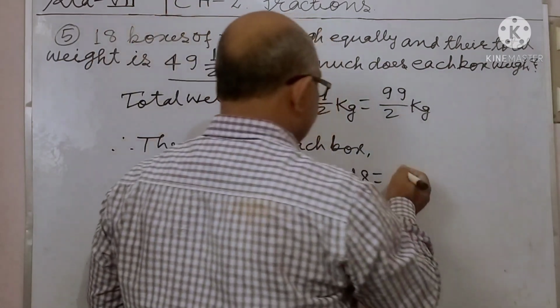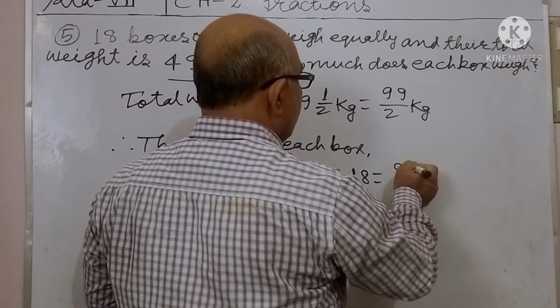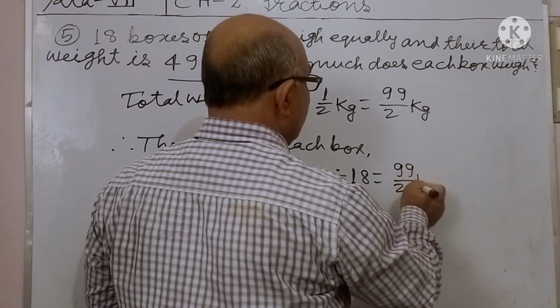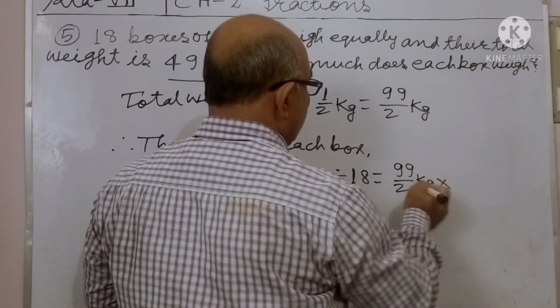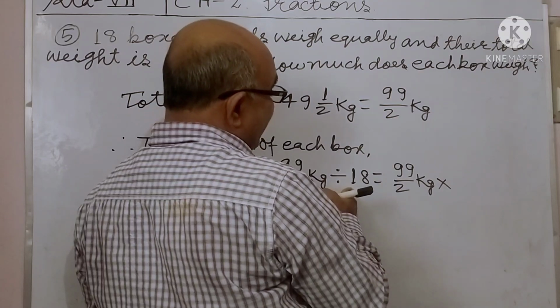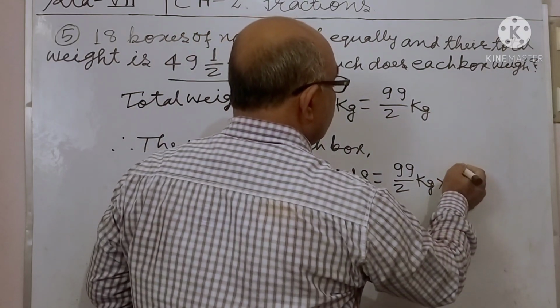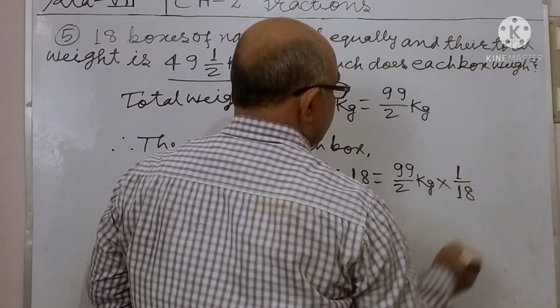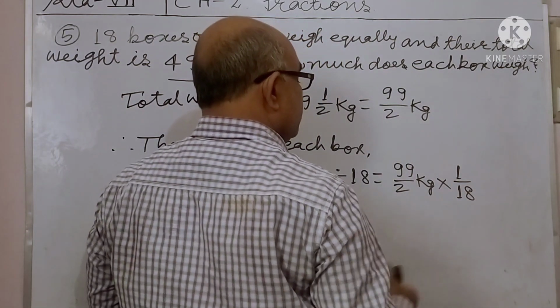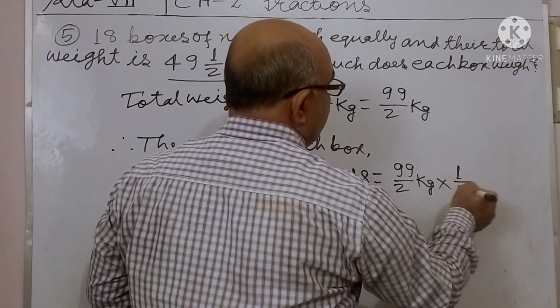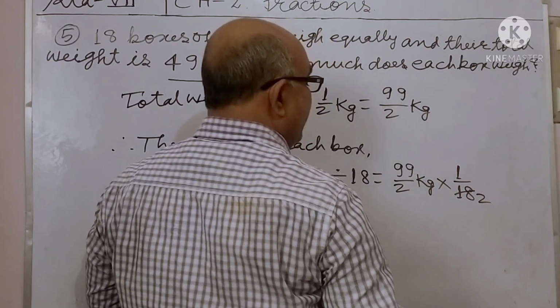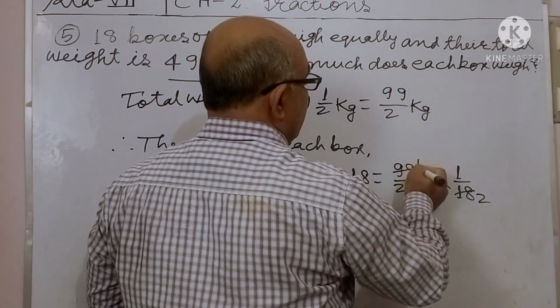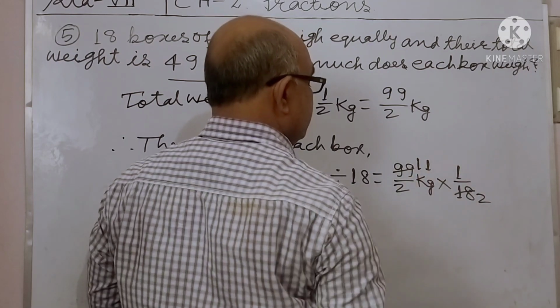Divide changes into multiply, so 18 changes into 1 by 18. 9 times 11 is 99, and 9 times 2 is 18.